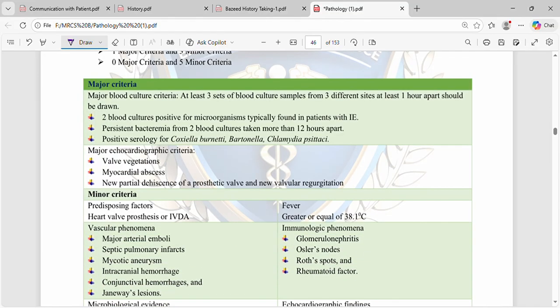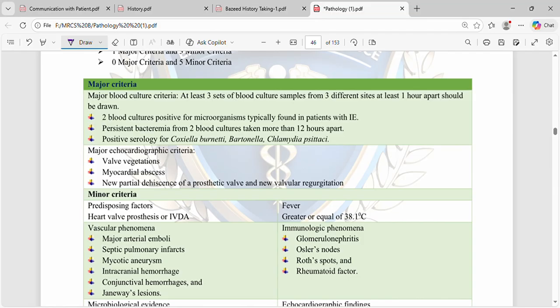So what is the major criteria? The major blood culture criteria: at least 3 sets of blood culture samples from 3 different sites, at least 1 hour apart, should be drawn.